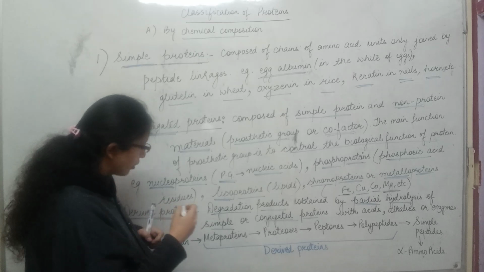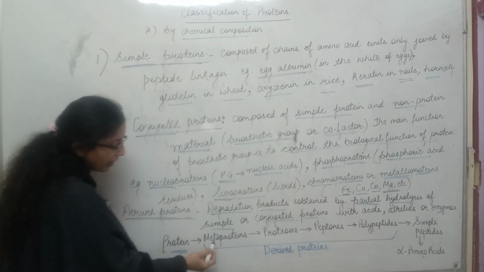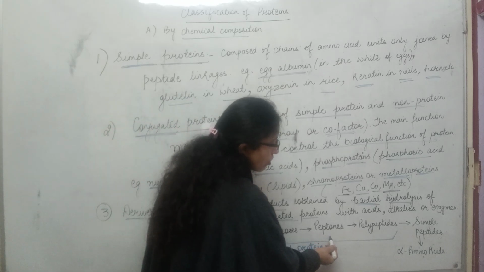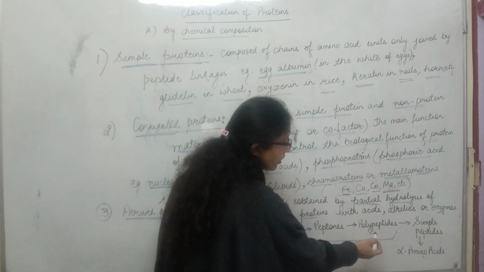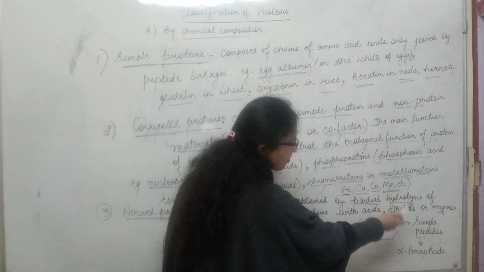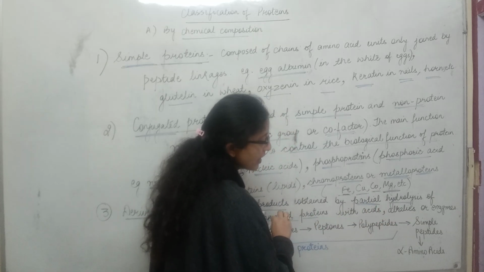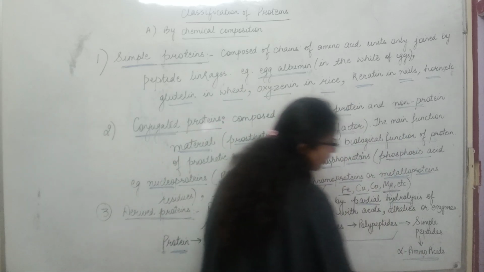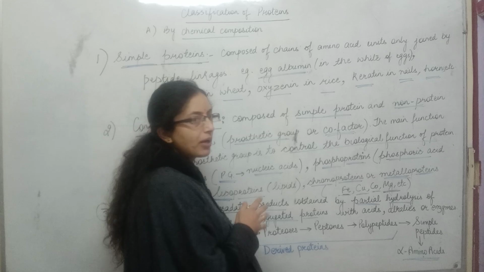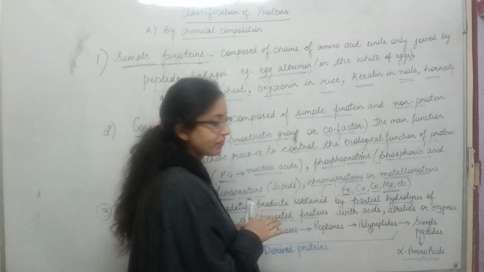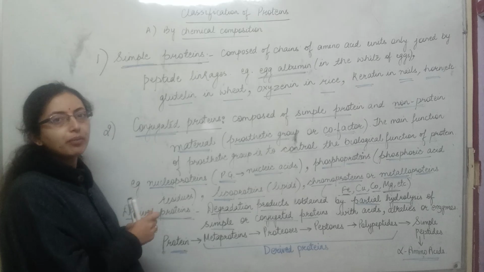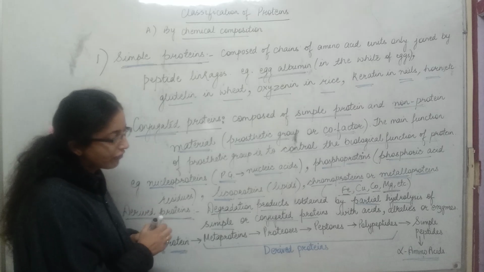For example, when you hydrolyze a protein, what do we get? We get metaproteins, or we may get proteoses, peptones, or polypeptides. Okay? Finally, the polypeptides break up into simple peptides, and these simple peptides further break up into simplest unit, that is the alpha amino acid. Alpha amino acid क्या है? Simplest unit. So these proteins, they break up into the simplest unit, that is alpha amino acid.